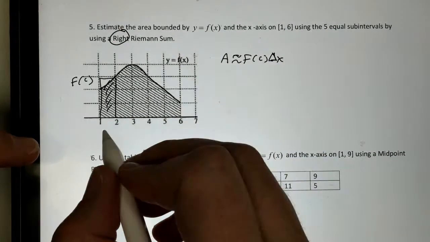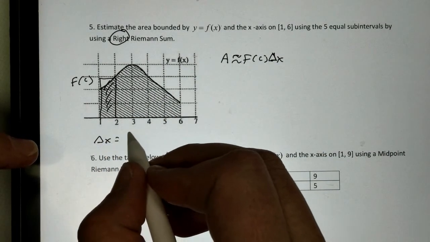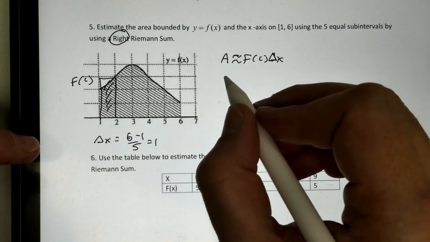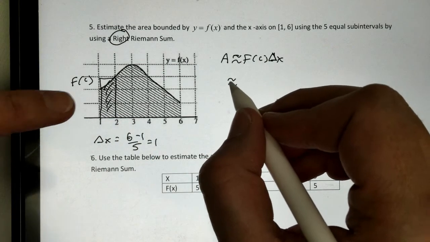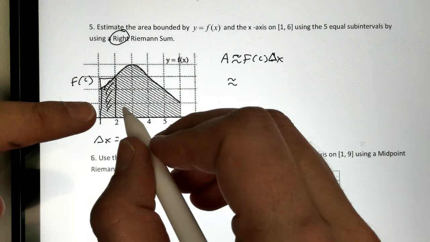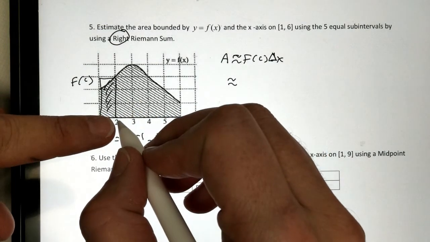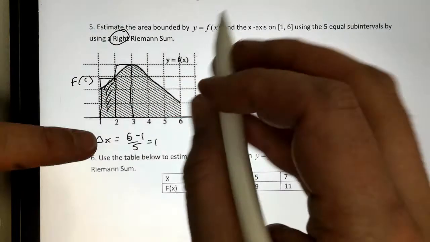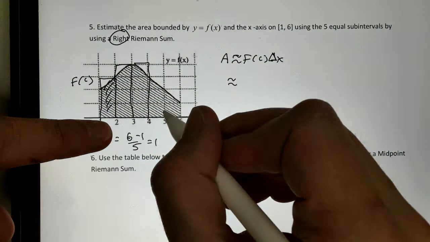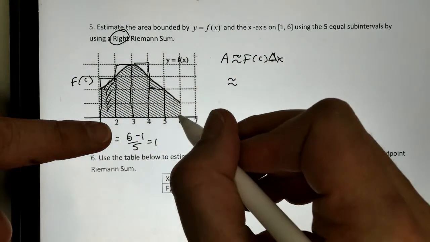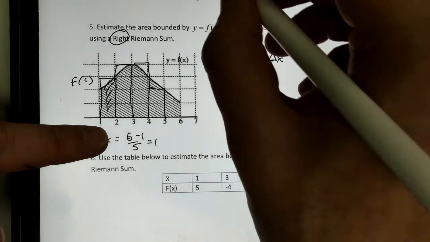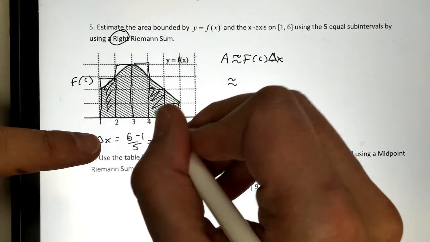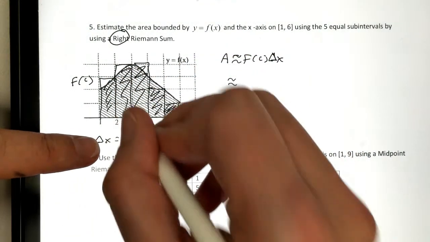Remember, my delta x is going to be pretty easy. 6 minus 1 over 5 is just going to be 1. That's nice that they turn out to be 1 all the time. So my second rectangle, using a right, I'm going to use 3. There's my rectangle. 4, there's my rectangle. 5, there's my rectangle. And 6, there's our rectangle. So we have all of our little rectangles right here.